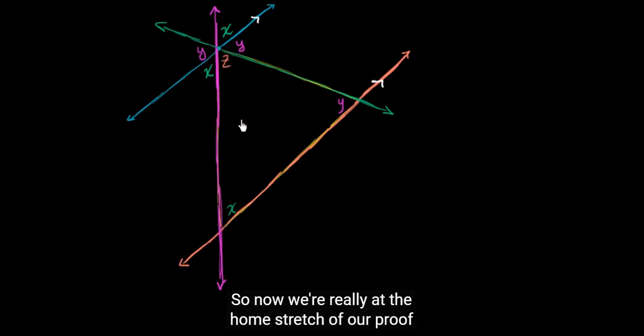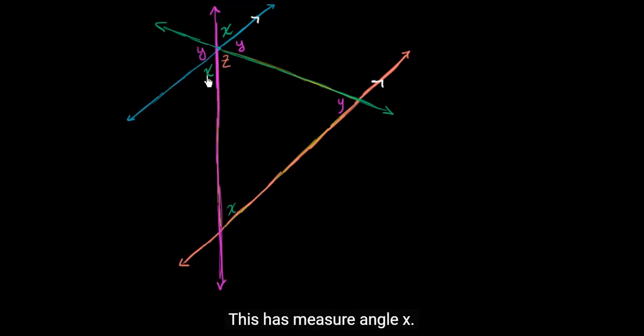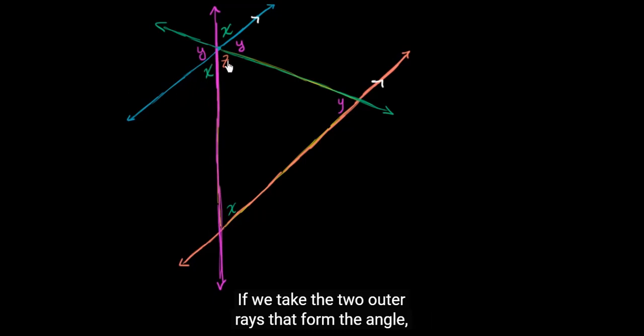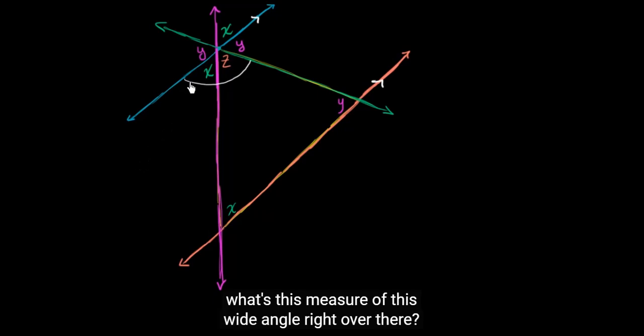So now we're really at the home stretch of our proof, because we have this angle and this angle. This has measure x. This has measure z. They're both adjacent angles. If we take the two outer rays that form the angle, and we think about this angle right over here, what's the measure of this white angle?